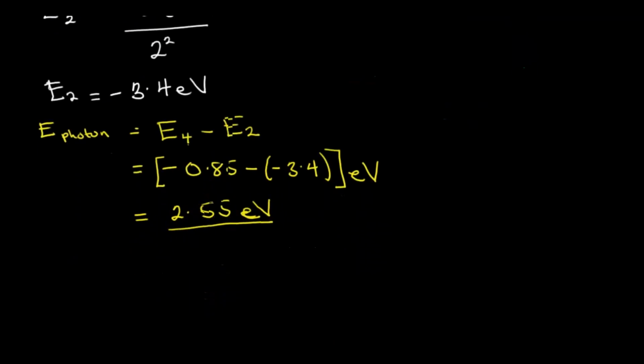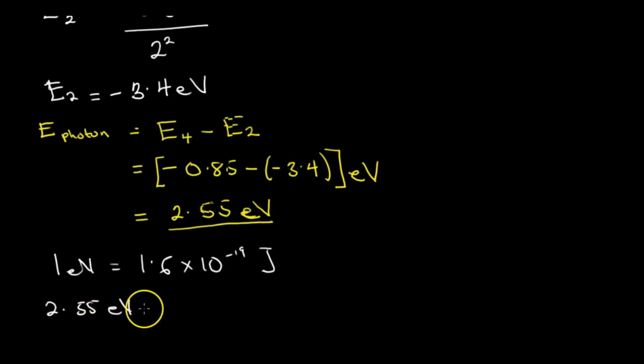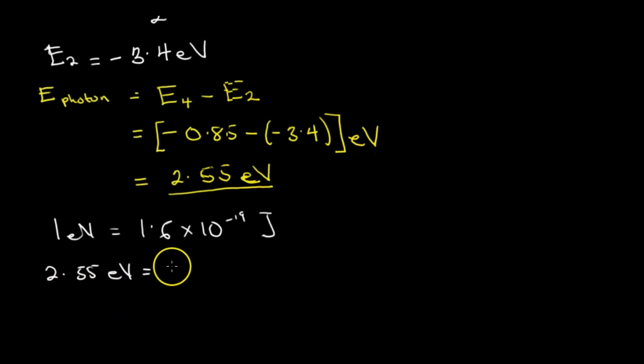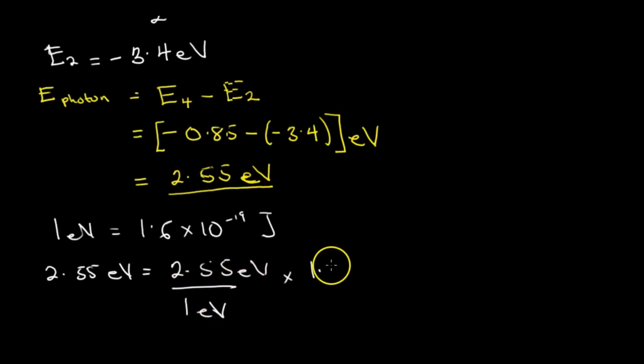Since 1 electron volt is equal to 1.6 times 10 power negative 19 joules, then 2.55 electron volts is going to be 2.55 electron volts divided by 1 electron volt times 1.6 times 10 power negative 19 joules.